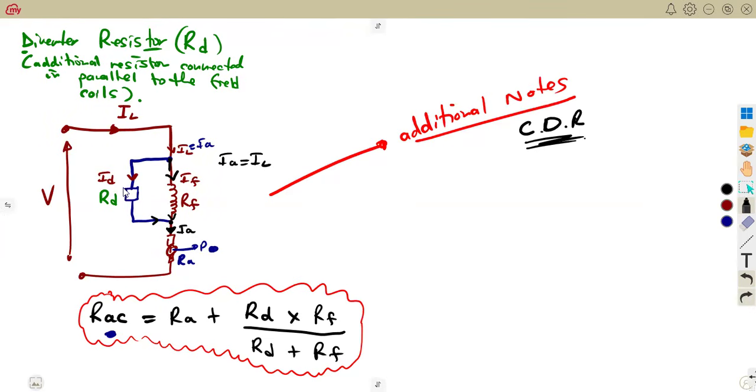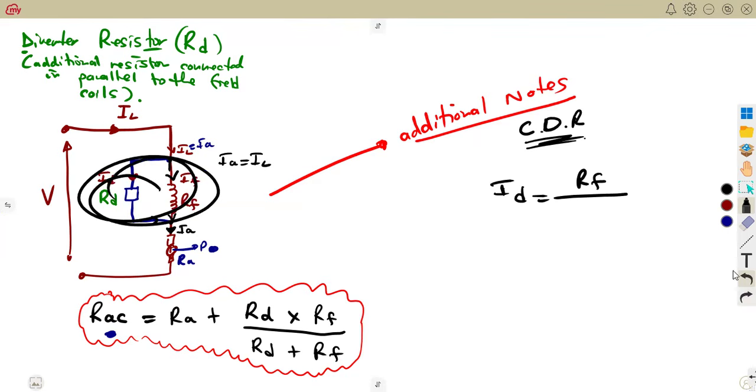So from your current divider rule, if you want to calculate the current that is across the diverter resistor, you use the resistor which is opposite on top. So you're going to have RF over what? The sum of the resistors which are being shared by these two currents, which is the supply from the load current that we have.